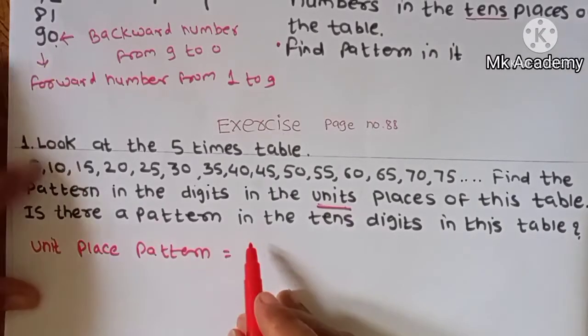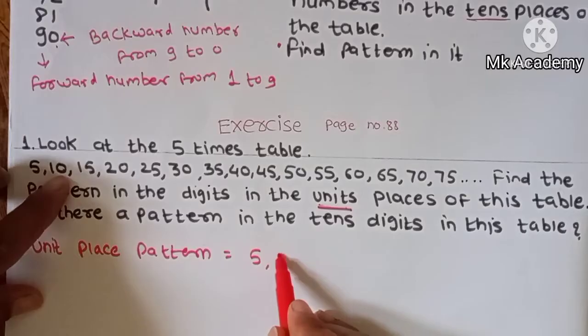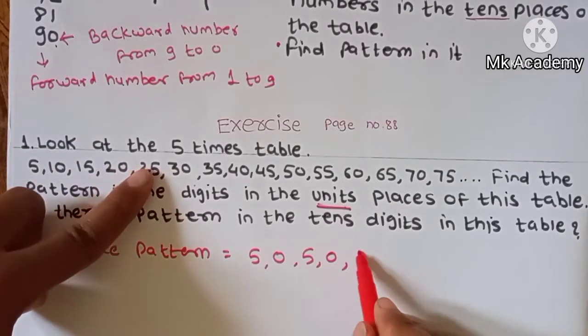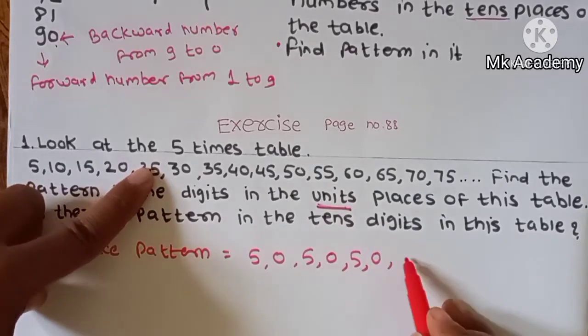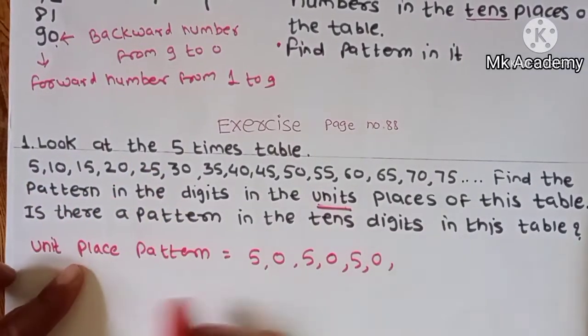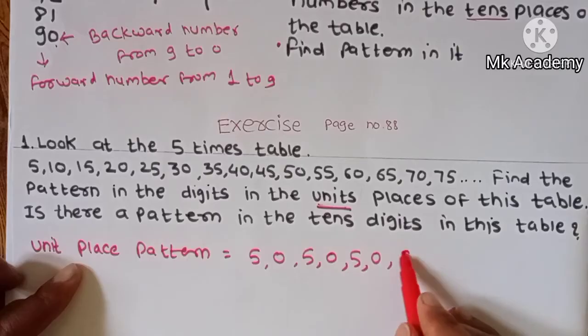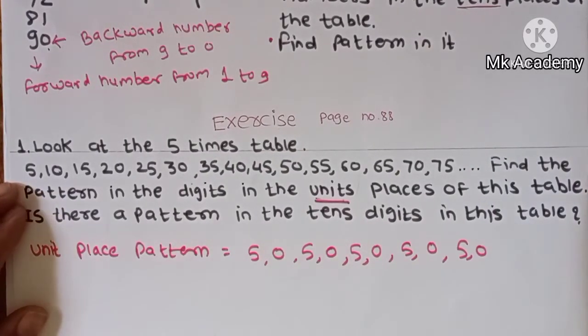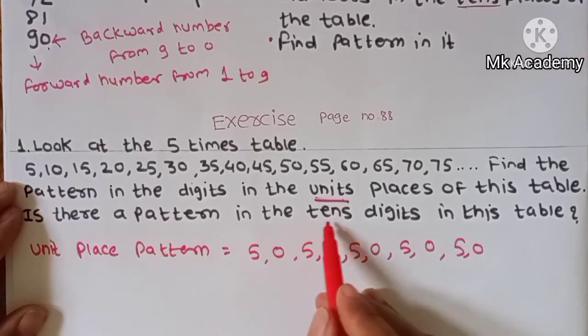What is the pattern? Unit place, first 5, then 0, again 5, then 0, 5, 0. Means in the table of 5, at the unit place there is a pattern of 5, 0, 5, 0. Understood?